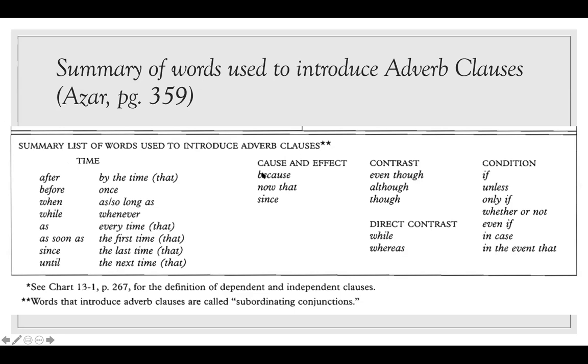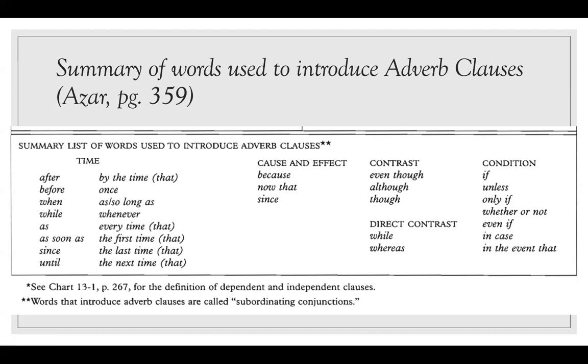They could also express cause and effect, or why: because, now that, since. These words give information as to why something happens, and the adverb clause gives the reason why. Or it could provide contrast: even though, although, though. Or it could provide a type of contrast called direct contrast: while, whereas.